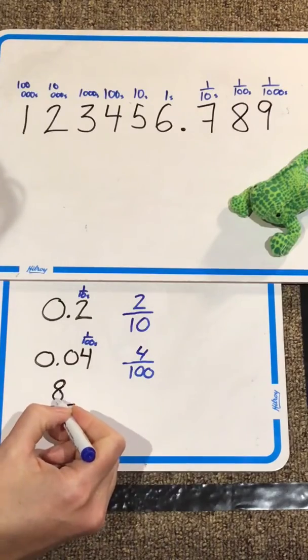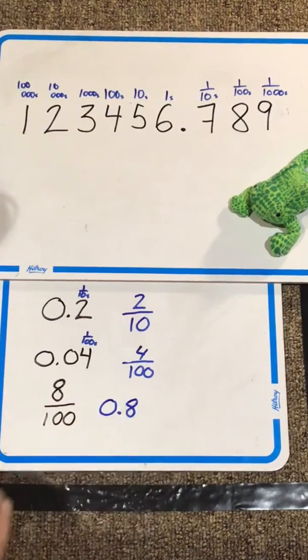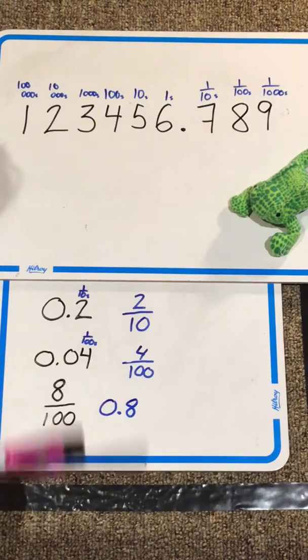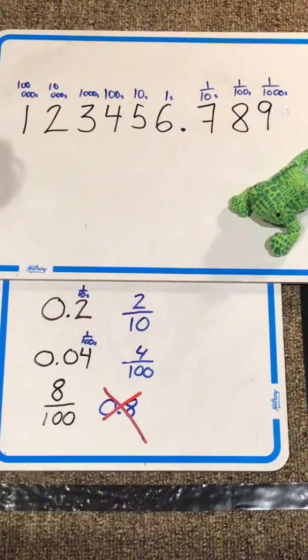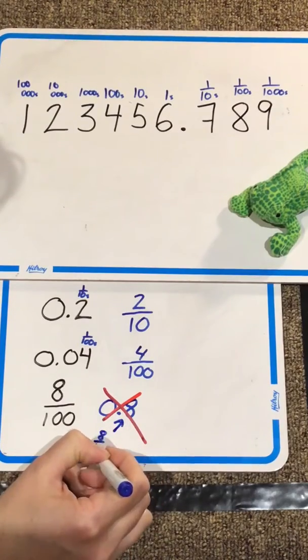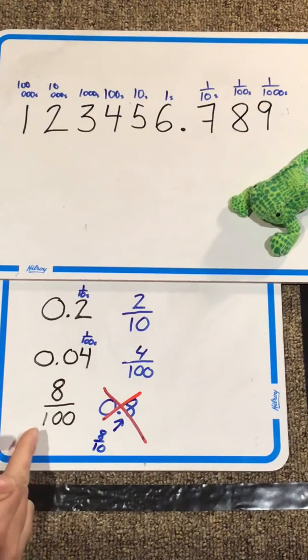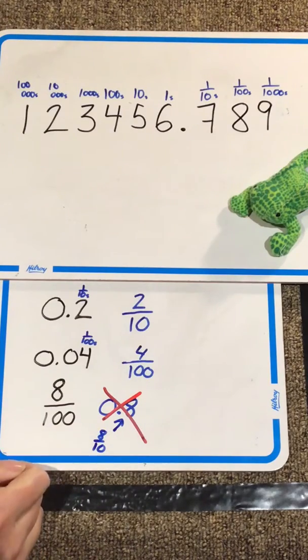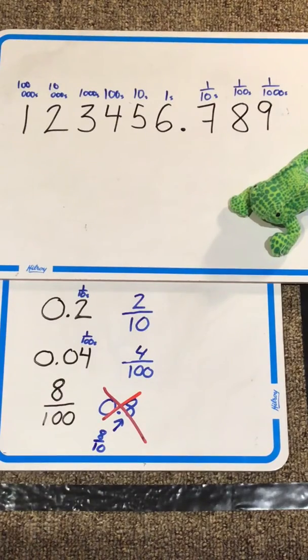You're thinking, oh, well, there's only one number on top, so it must be this. It is not, right? Because 0.8 is the same thing as 8/10. Well, that's a whole different amount of cake than 8/100ths of cake. So again, this one has to go into the 100th spot.